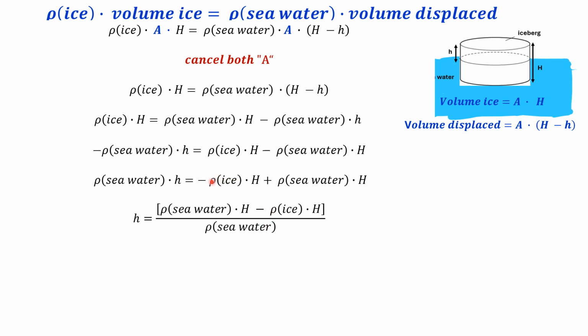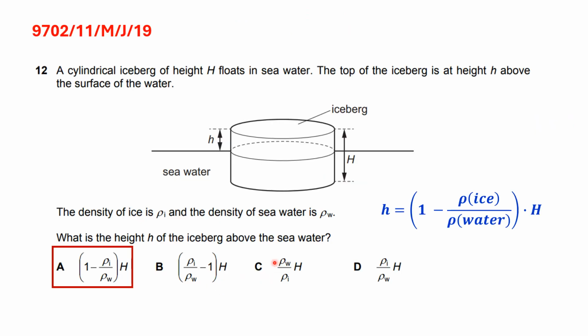Notice that the density of the ice times H is also negative. I didn't change anything. Now I'm going to divide, and my final expression is 1 minus the density of the ice divided by the density of the water, and H multiplies the whole thing. So the answer that matches with the result of my calculation is option A.